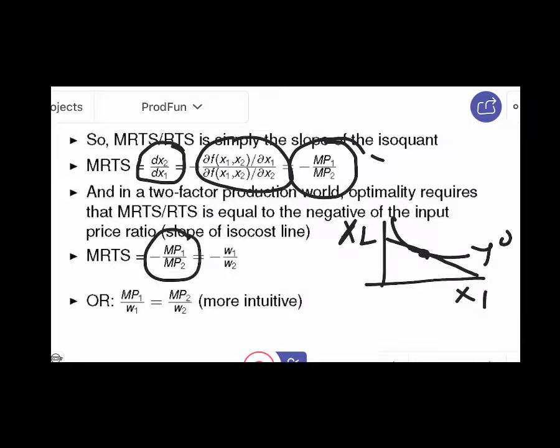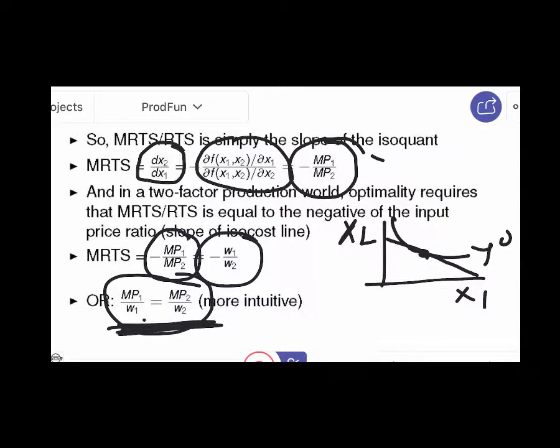Then if that's the optimal, another way to look at the optimal is to think in terms of the ratio of marginal product of an input to its price. And what this is telling us is, at the optimal, we are producing the same output using these different inputs. What we get in terms of output per dollar spent on an input should be equal across different inputs.